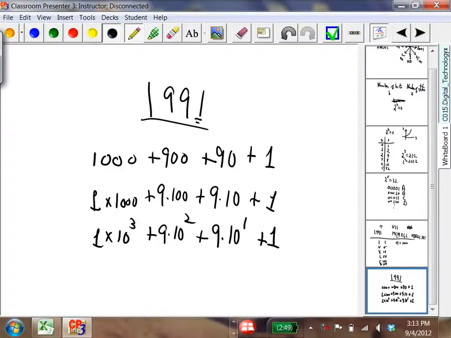This positional notation is the secret to having a good number system, because then addition and multiplication become fairly easy things to do. Actually, this 1 is times 10 to the 0th power. Anything to the 0th power is 1, except 0.